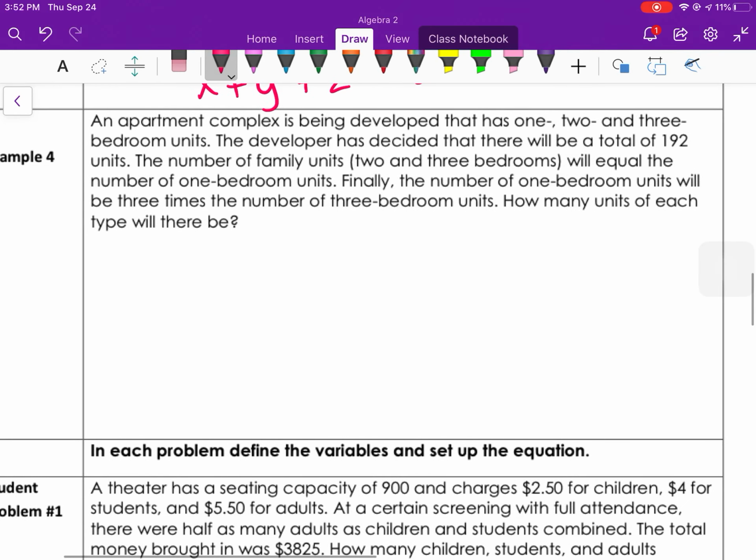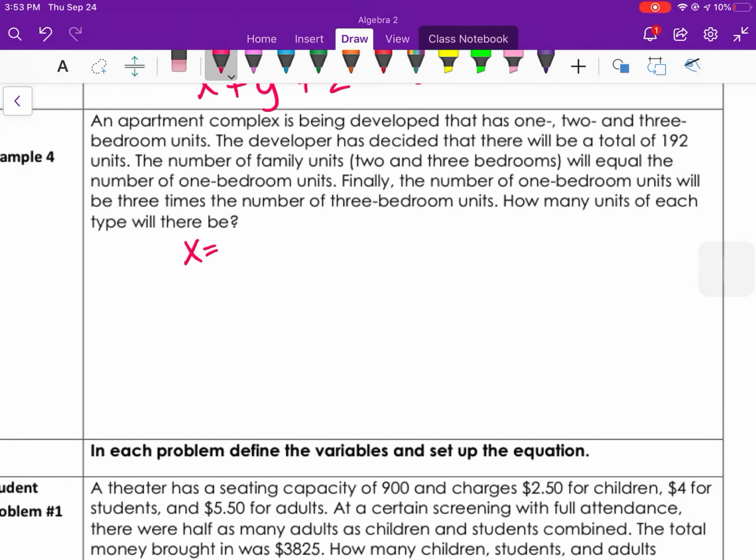All right. Last one that we're going to set up. An apartment complex is being developed that has 1, 2, and 3 bedroom units. The developer has decided that there will be a total of 192 units. The number of family units, 2 and 3 bedrooms, will equal the number of 1 bedroom units. And finally, the number of 1 bedroom units will be 3 times the number of 3 bedroom units. How many units will there be of each type?